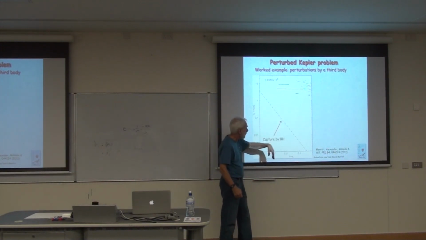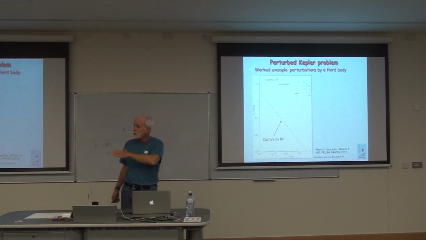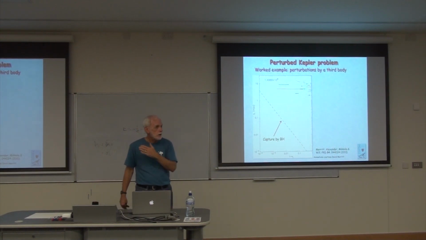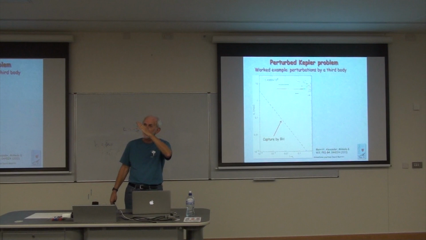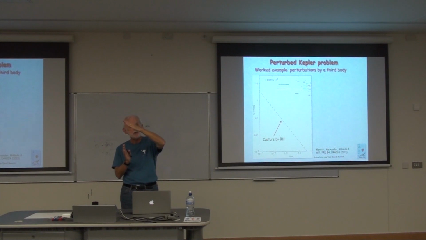Generally speaking, general relativity has the effect of suppressing the Kozai resonances phenomenon, mainly because it makes omega advance no matter what you do. Right? The Kozai resonances occur because omega can increase, but then it can decrease. And while it's doing this, increasing and decreasing, you get these huge eccentricity growths. But even while Kozai is trying to make omega go backwards, GR is pushing it forward all the time.